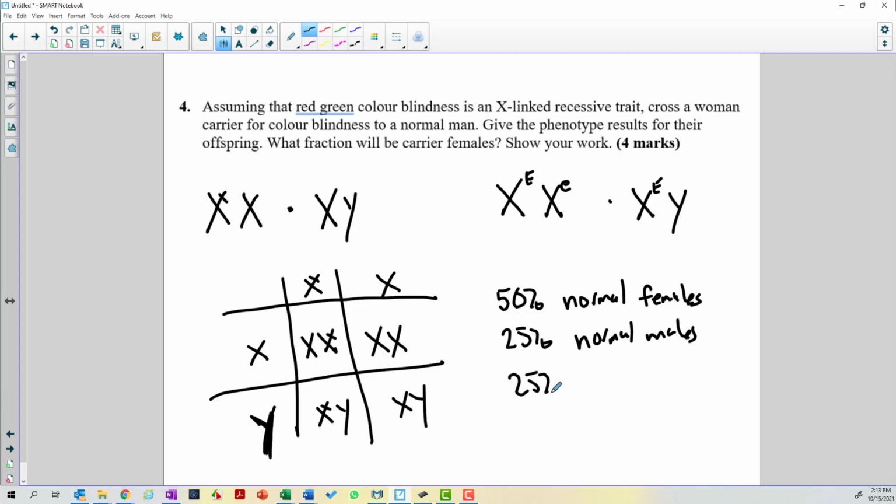And 25% affected males. That is your results. Some of you told me that there's 75% normal children and 25% affected children, and I did accept that. So that was 4 marks.